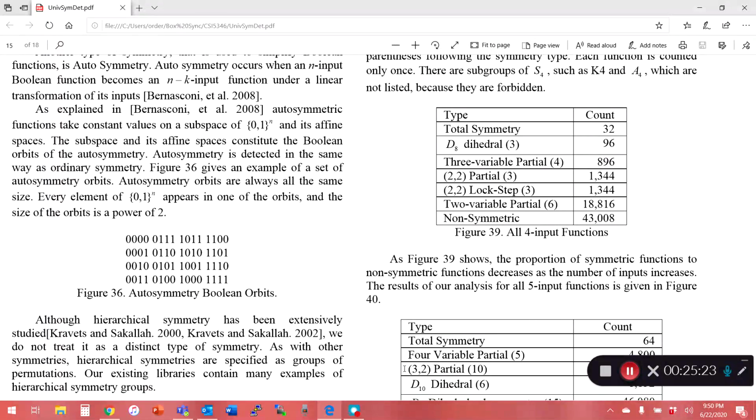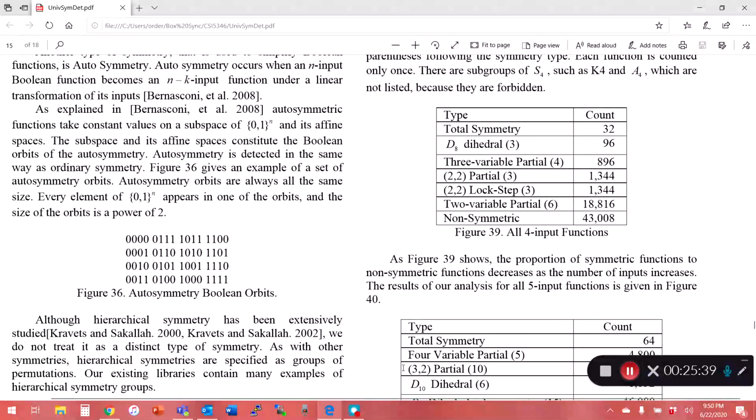I turn these into characteristic functions, and if the characteristic functions all imply either f or f bar, then the function has that autosymmetry.